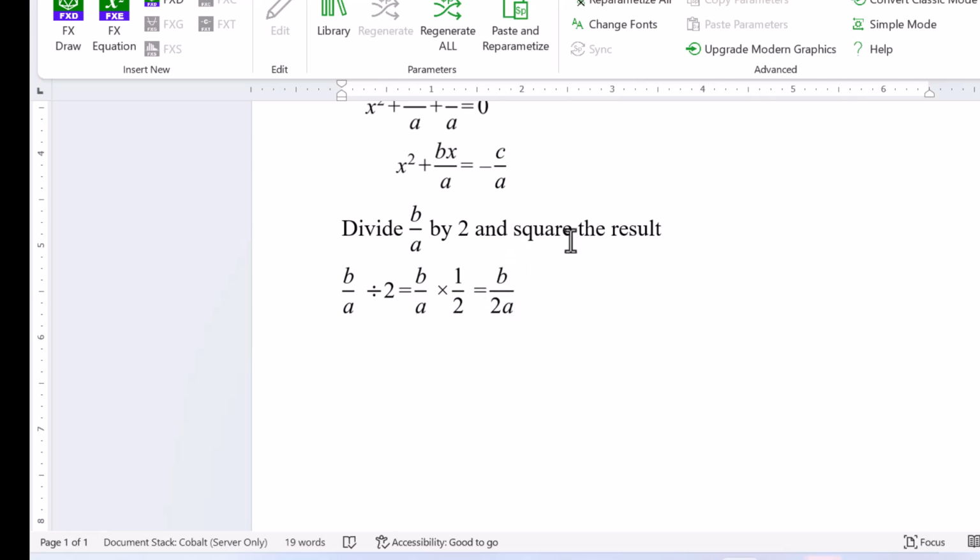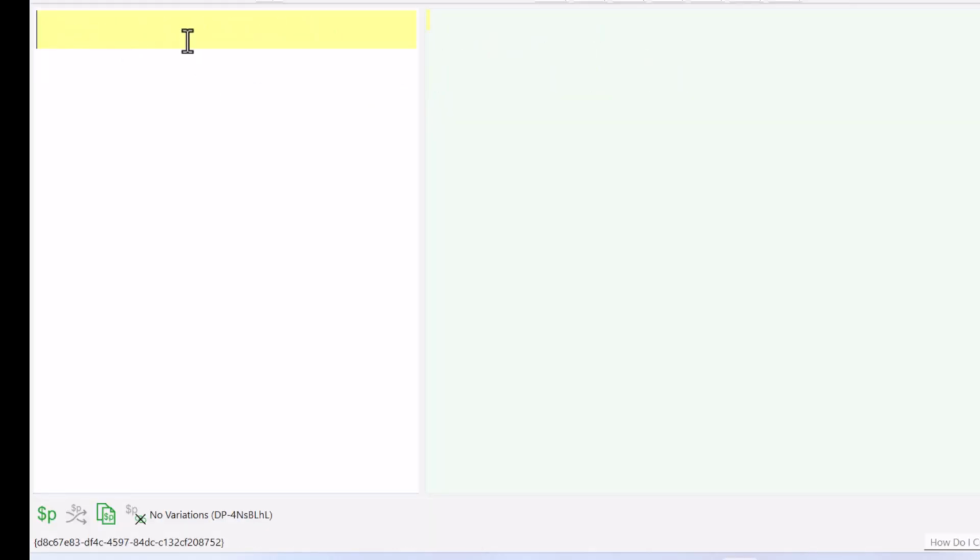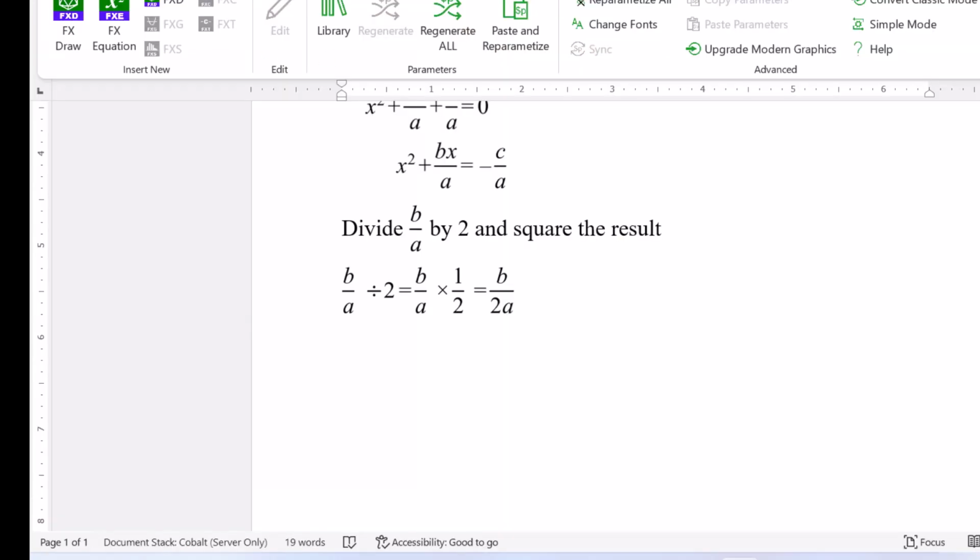Now we say square the result. If I square this result of b over 2a, I'm going to have b divided by 2a, open bracket, close bracket, then square the result. So this square of this result, I'm not going to put the answer of this square. I'm going to add it to both sides.